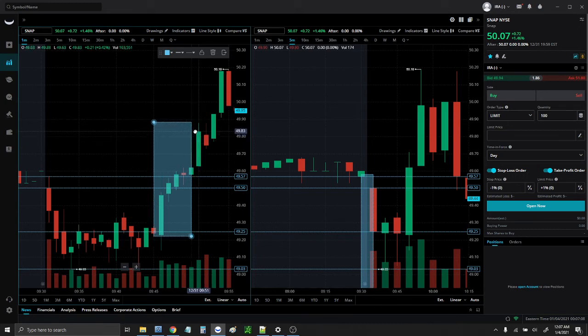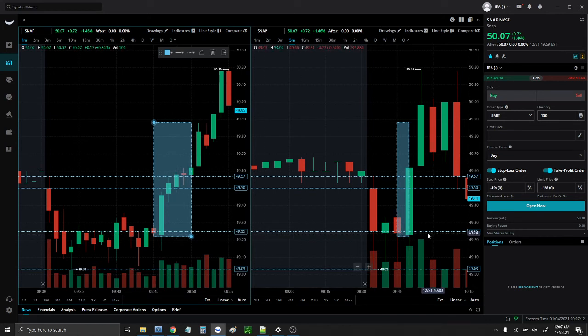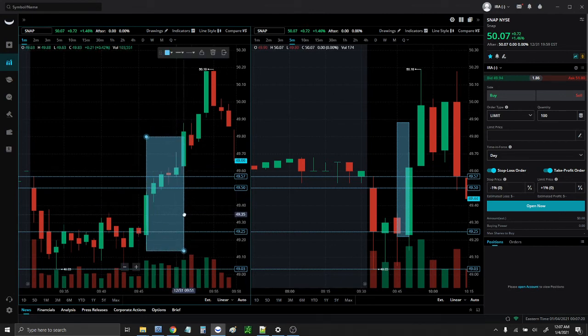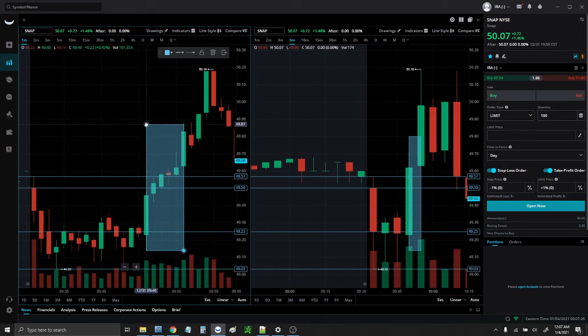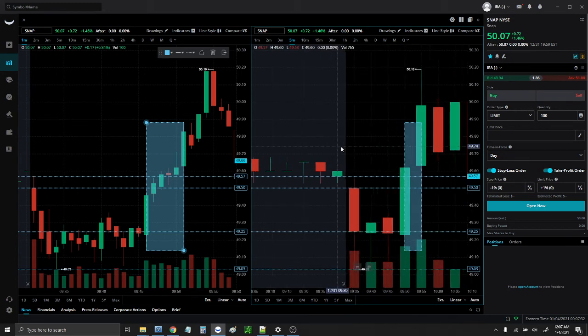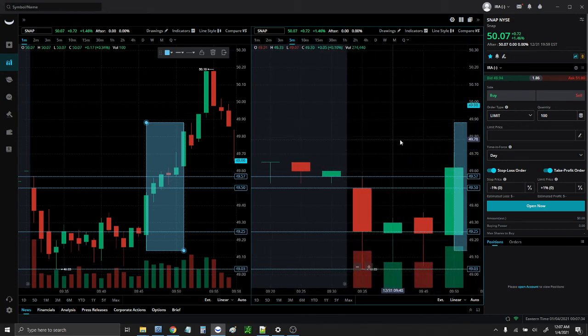You can see that I'm going to match the bottom of that to hit the bottom of that candle. And then it's going to hit this very top of that candle. So that candle should be right there.